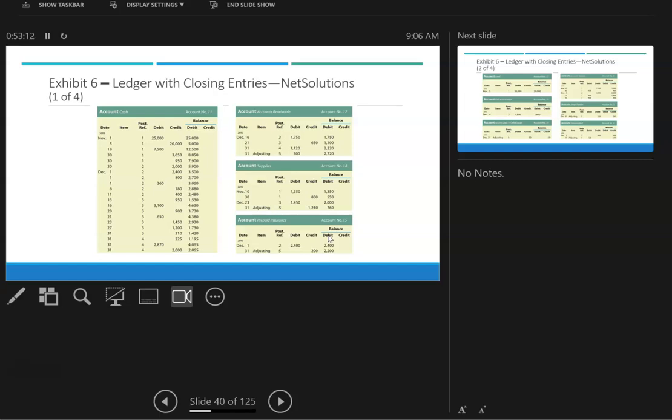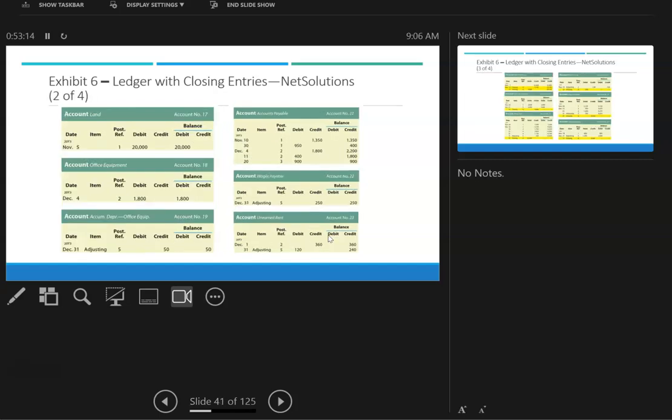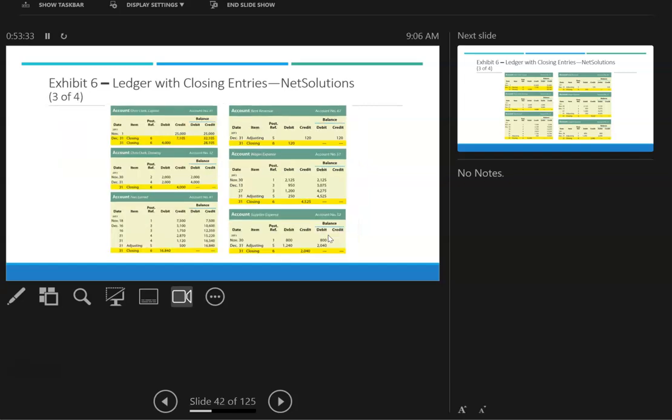Our cash, our accounts receivable, our supplies, our prepaid insurance, our land, office equipment, accumulated depreciation on office equipment, accounts payable, wages payable, unearned rent, they have their ending balances. Those are balance sheet accounts. They are permanent accounts. Chris Clark Capital was adjusted because we took our revenue, expense and drawing accounts and zeroed that out into Chris Clark Capital.